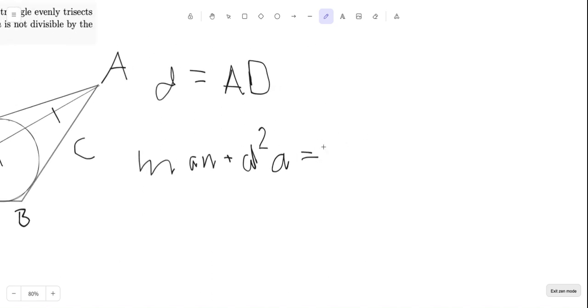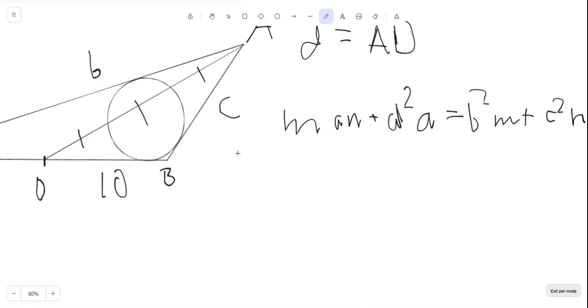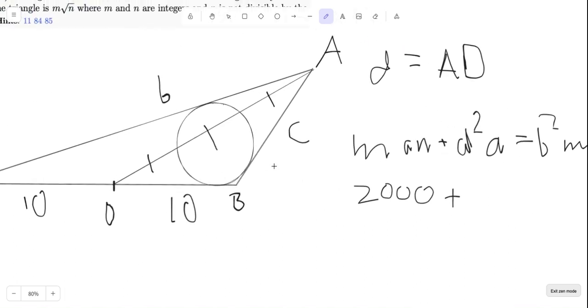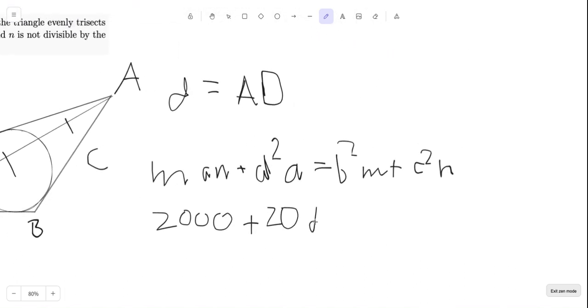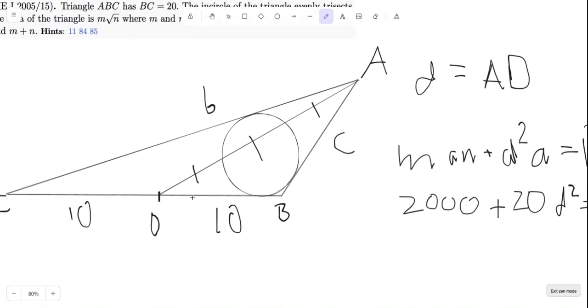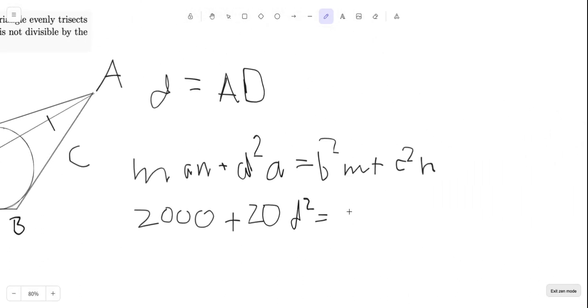If we substitute, m is 10, a is 20, n is 10, so by Stewart's theorem, d squared times a is equal to b squared m plus c squared n, which is just 10 times b squared plus c squared.